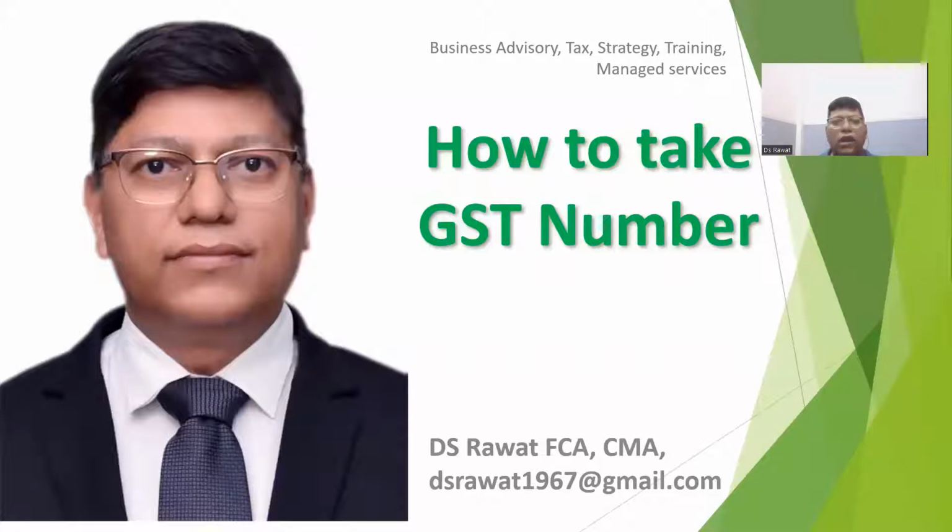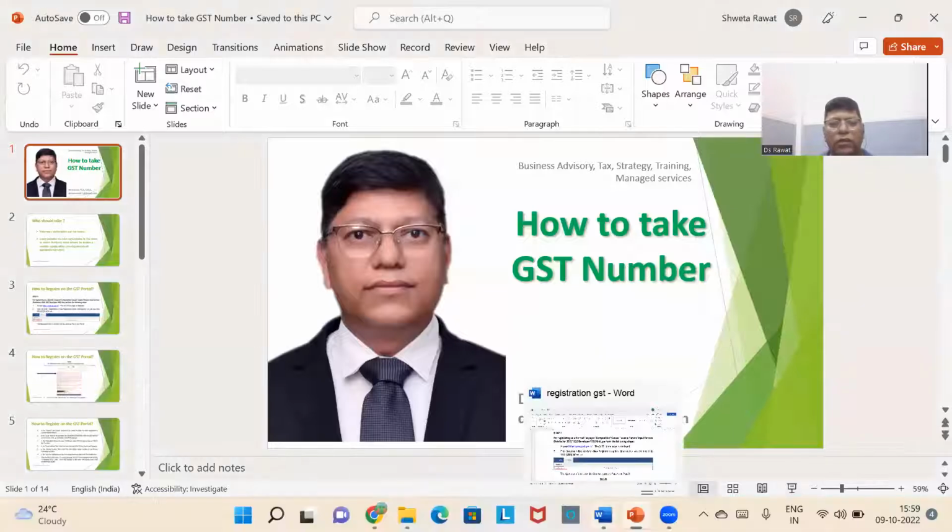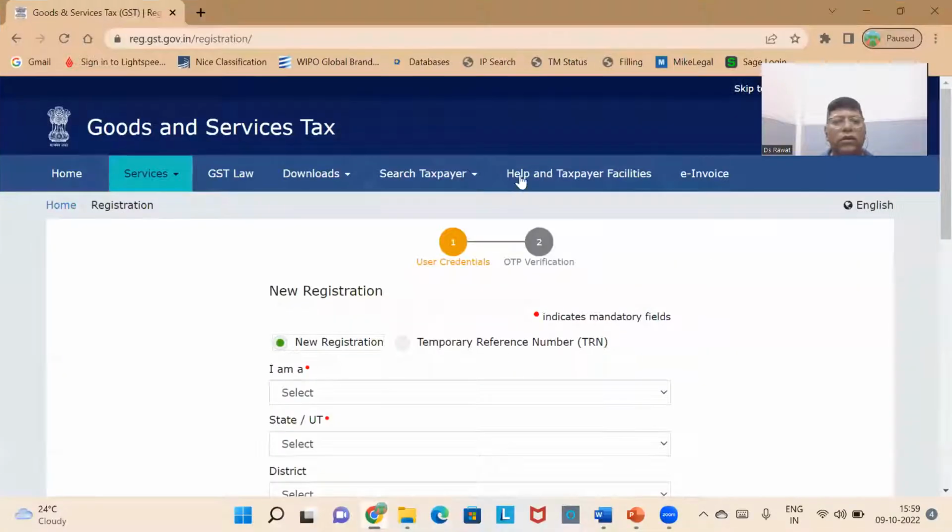The first thing, how to take registrations, is the GSTN portal. So first of all, we will go to the GSTN portal and see where we can file for GST registrations. This is the GSTN portal.